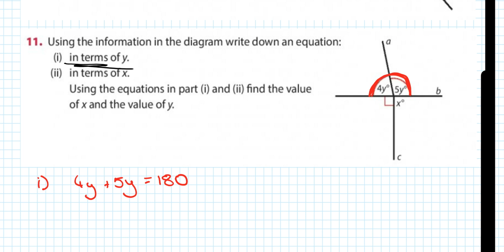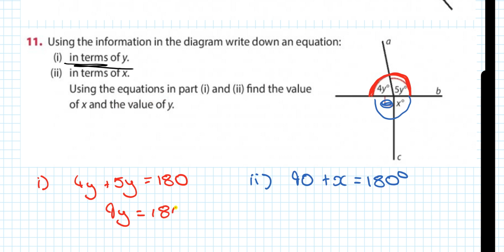No, it doesn't ask me to solve it for y. Part 2, I know an equation in terms of x. I know that this is 180 degrees there. So this is 90 degrees. 90 plus x is equal to 180 degrees. And how do I know they're 180 degrees? Because they're straight angles.